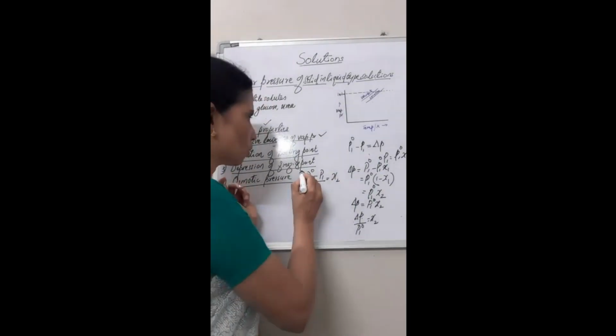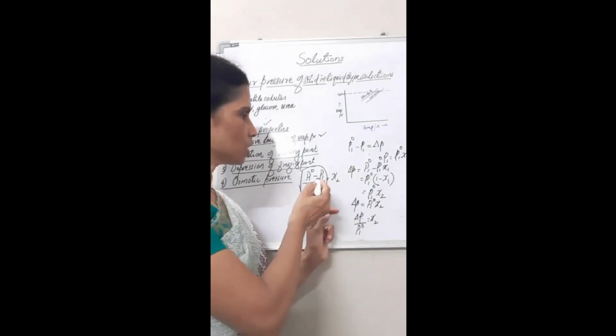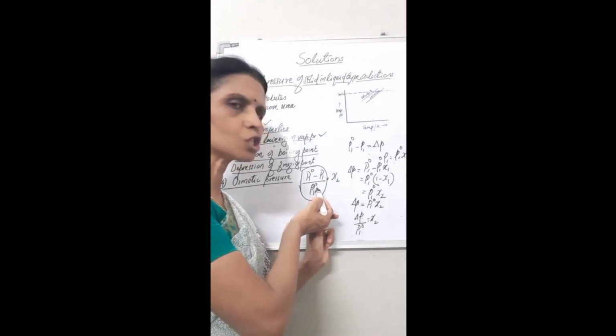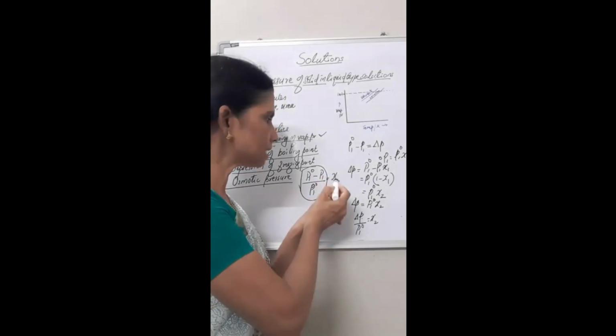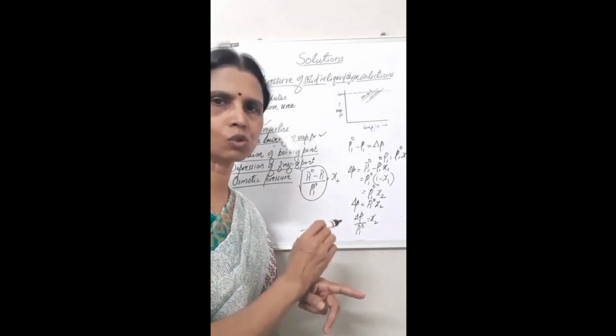And this is called relative lowering of vapor pressure. So the ratio between the lowering of vapor pressure and the vapor pressure of the pure solvent is called relative lowering of vapor pressure, and that is equal to the mole fraction of the non-volatile solute.